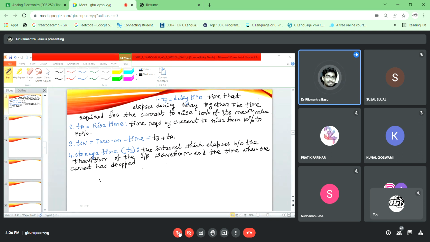Now the dropping has started, the current up to 90% of its maximum value.